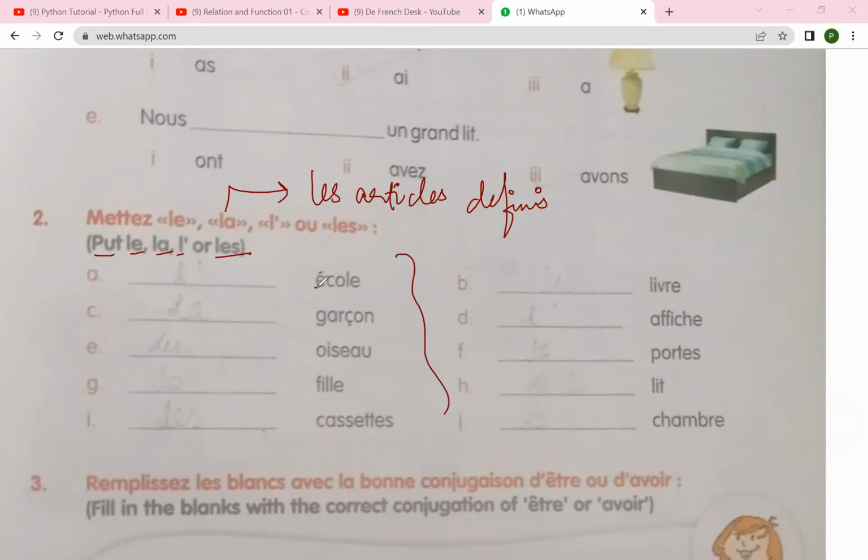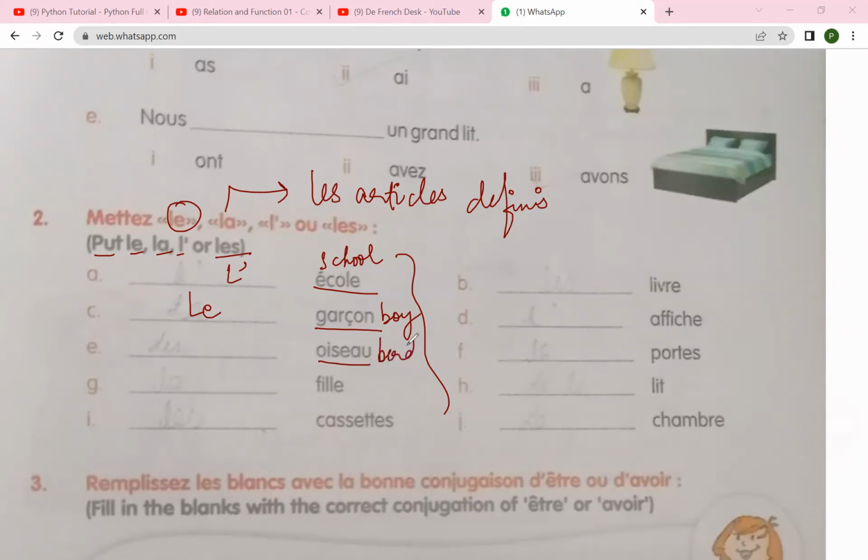So you know école it means school, and since it begins with a vowel, you will write l apostrophe. Garçon means boy, and it is a singular noun that is masculine, so you will make use of le garçon. Oiseau is the singular noun.